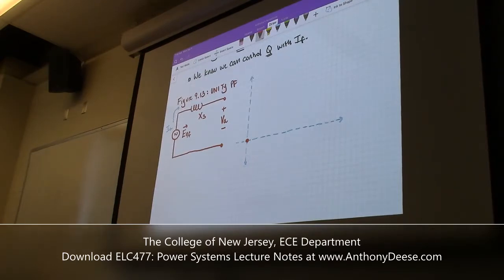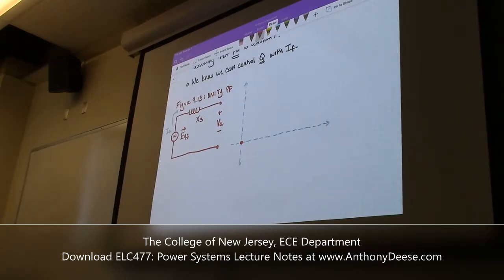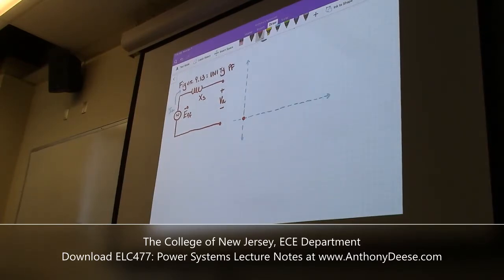So let's start off by drawing the case for unity power factor. So we have our VA. The one thing we know, if unity power factor applies, what's the angle of VA going to be? 0, right?